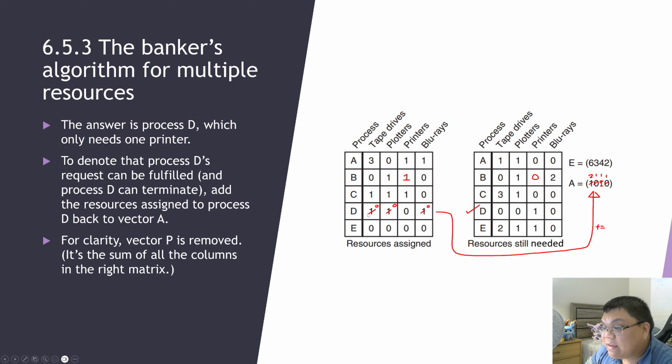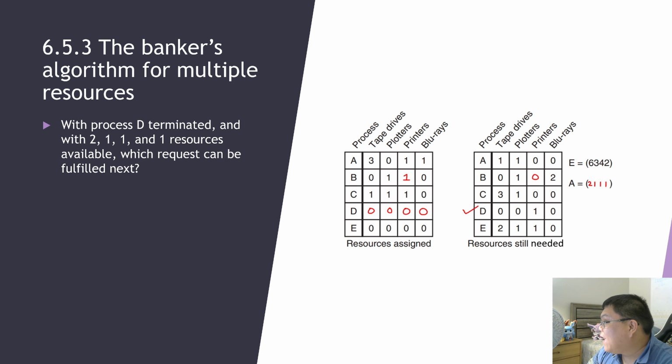So process D has 1 tape drive, 1 plotter, and 1 Blu-ray drive allocated to it. We're gonna take all those resources and add them back to vector A. So now we have 2, 1, 1, and 1 resource available. Is there a request now that can be fulfilled? There are actually 2 of them.